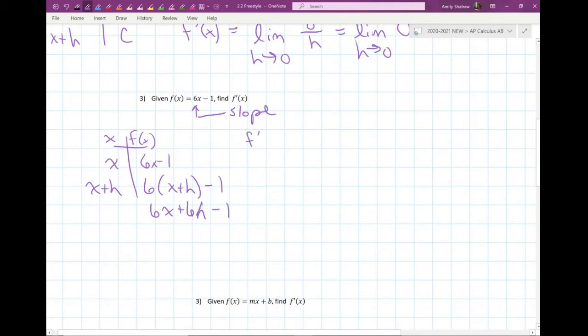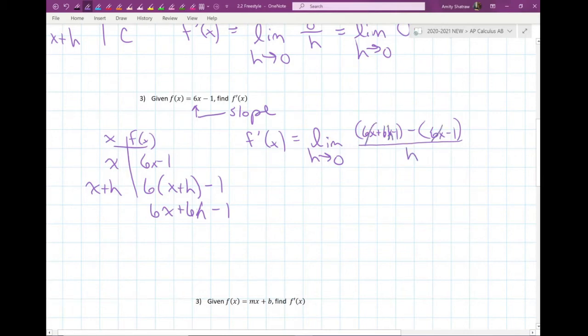I want to say that the derivative is going to be the limit as h approaches 0 of something minus something, and the somethings are 6x plus 6h minus 1 and 6x minus 1. And these are all over h. And the 6x minus the 6x disappears.